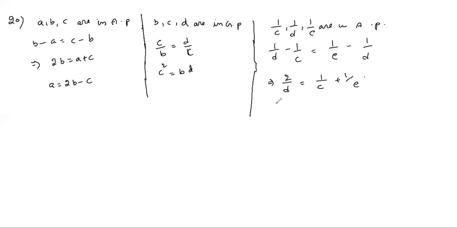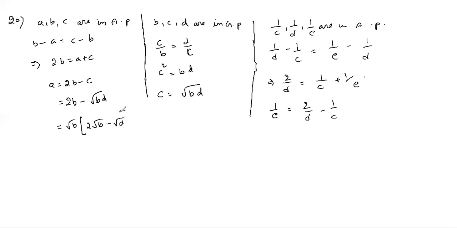So this is also 1 by E equals 2 by D minus 1 by C. We will find A, C, E values in terms of B and D so that we can easily solve it. C is root BD. A equals 2B minus C, and 2B minus C value is root BD, so root B common: root B into (2 root B minus root D). C equals root BD, A equals root B into (2 root B minus root D) in terms of B and D.